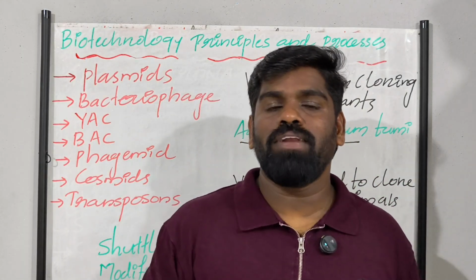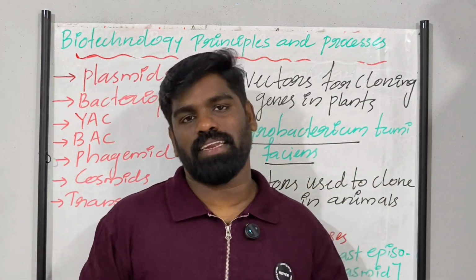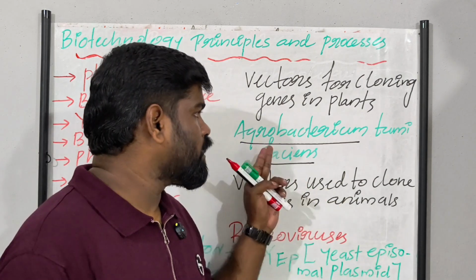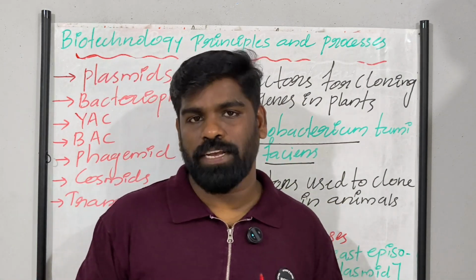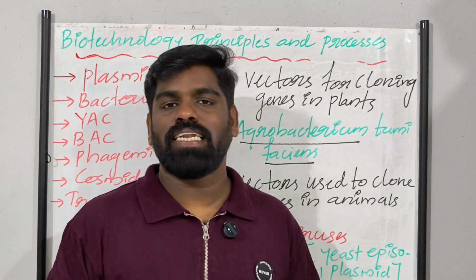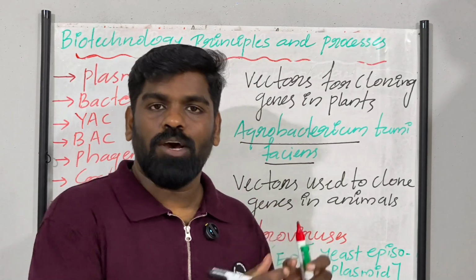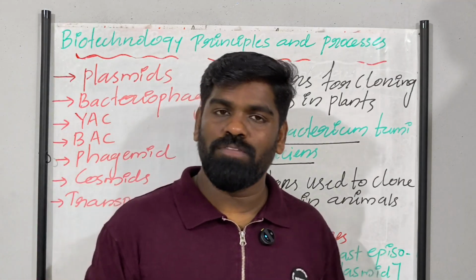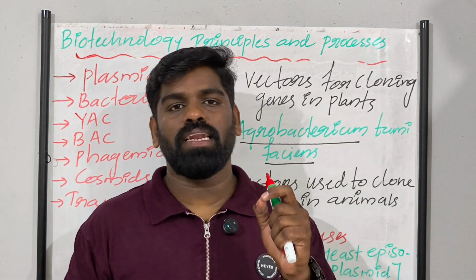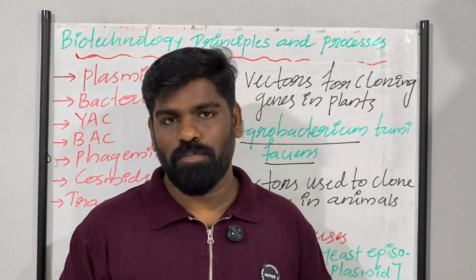Now when we talk about vectors for cloning genes in plants and animals, there is a pathogen called Agrobacterium tumefaciens. Agrobacterium tumefaciens is a pathogen for several dicot plants. It delivers a piece of DNA known as T-DNA into the dicot plant.